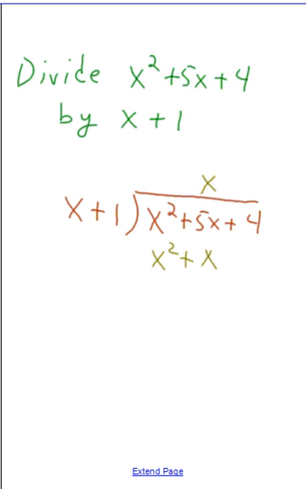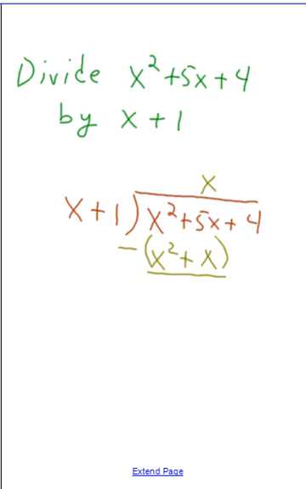I put parentheses around that and a subtraction sign. Yes, exactly, I'm distributing the x to the x plus 1. It's important to put parentheses, because when I subtract, I have to subtract x squared and subtract x, so I can distribute the subtraction. So what's x squared minus x squared?